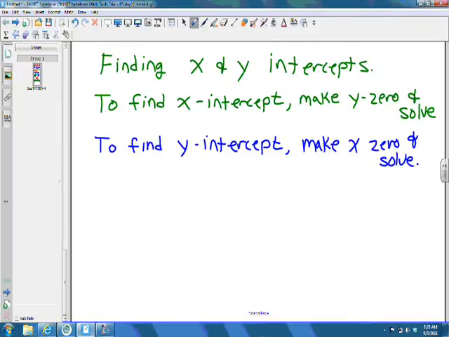Find the y-intercept: you make the x 0 and solve it. Everybody got that?